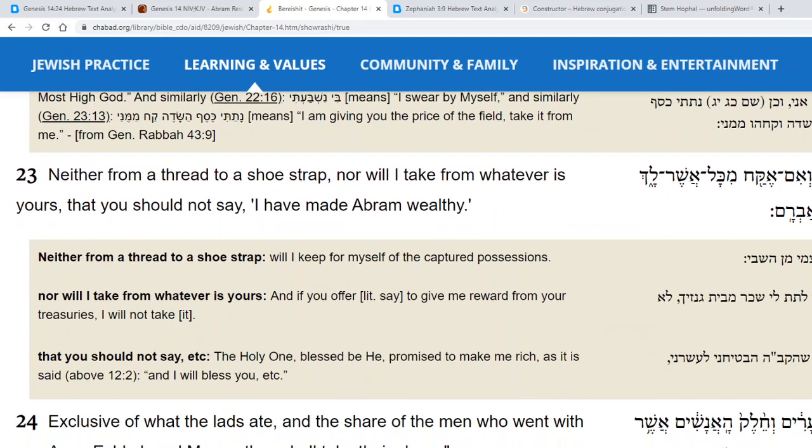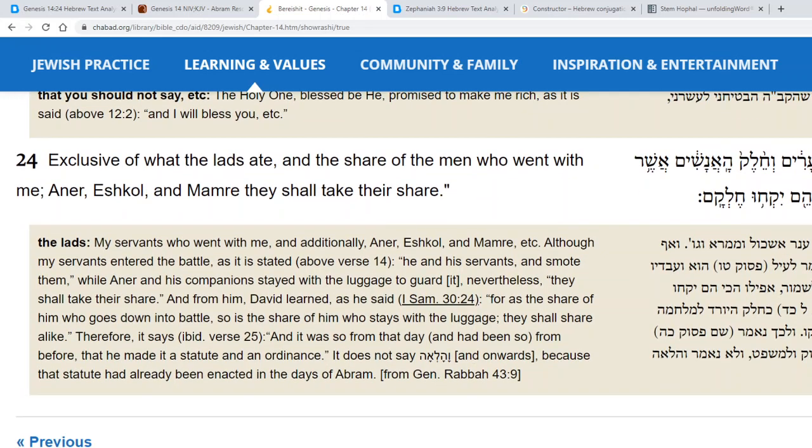I'm not going to take anything from you for myself. Only that which is exclusive of what the lads ate, and the share of the men who went with me, Aner, Eshkol, and Mamre, they will take their share. And there's an interesting Rashi there if you want to take a look at it.